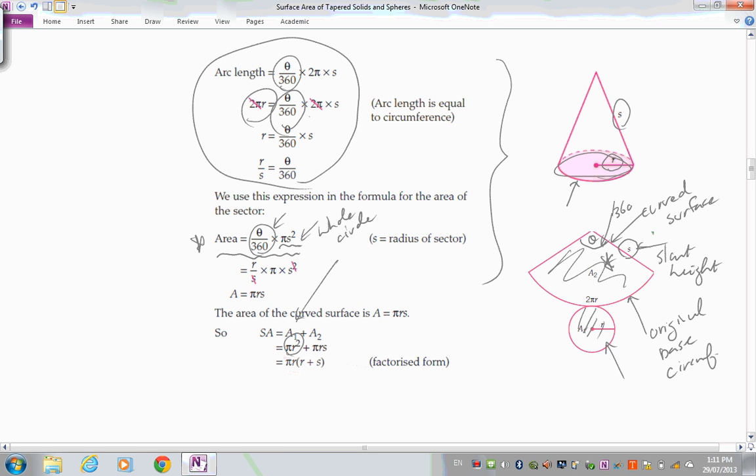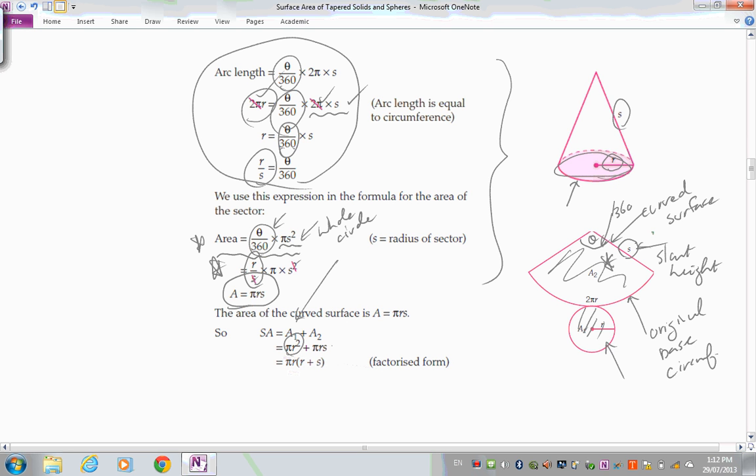Theta over 360, and the circumference of this new circle, radius s, is 2 pi s. Fairly complicated stuff. So therefore we can get rid of theta over 360, divide both sides by 2 pi, and then we find that theta over 360 is r over s. So down here now, theta over 360 is r over s, and we've been able to cancel that and say a simple formula for the curved area of the cone is pi r s.